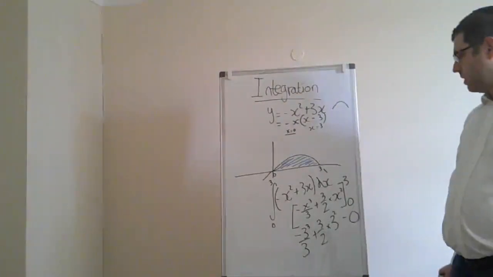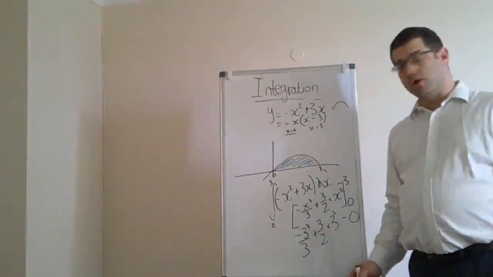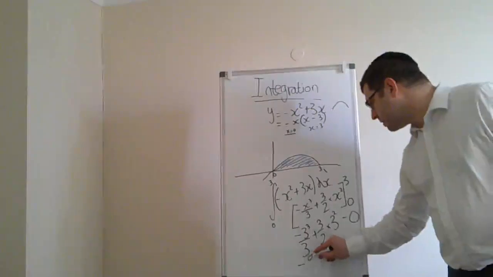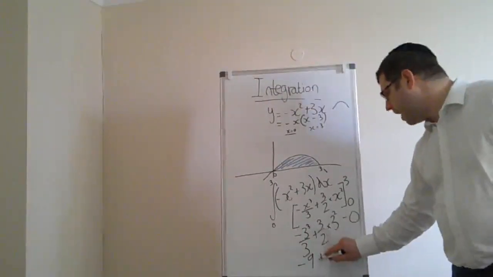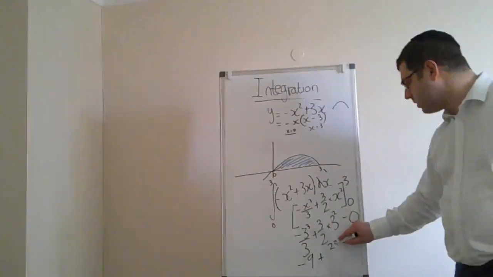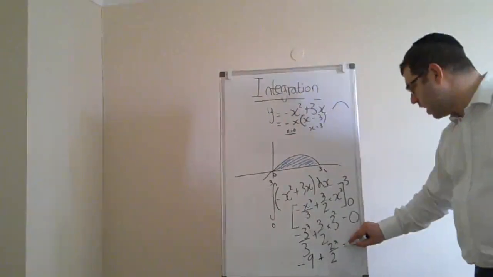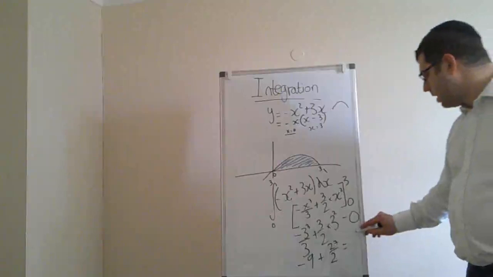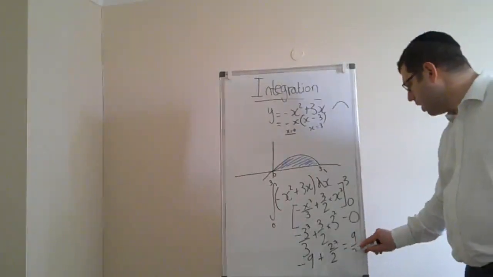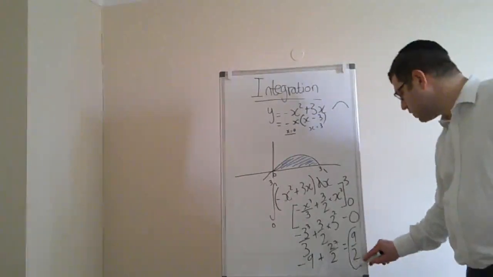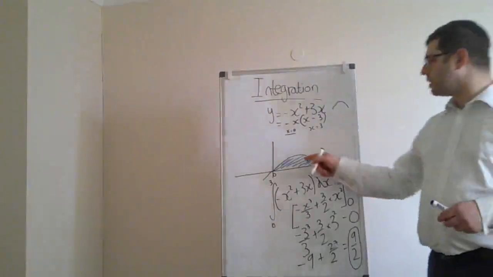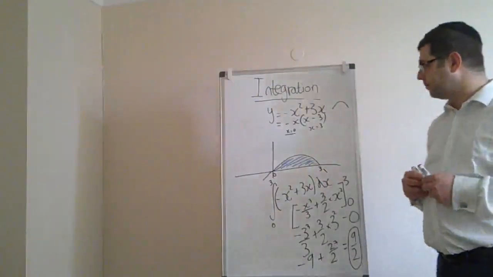Subtract 0. Minus 3 cubed over 3 is minus 9 plus 27 over 2, which turns out to be 9 over 2.